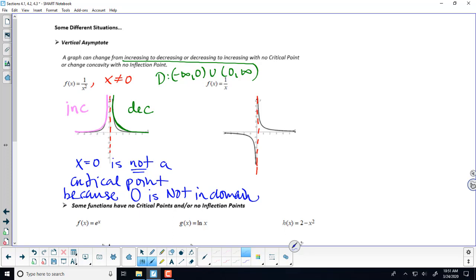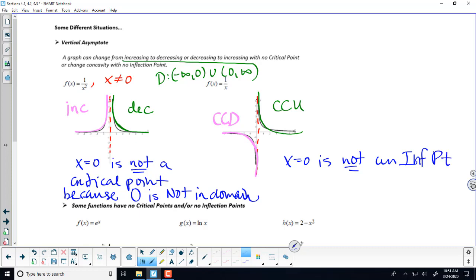So here, it changes concavity, but I don't have an inflection point. To the left, it is concave down. To the right, it is concave up, but we know that x equals 0 is not an inflection point because there is no point on the graph at x equals 0.